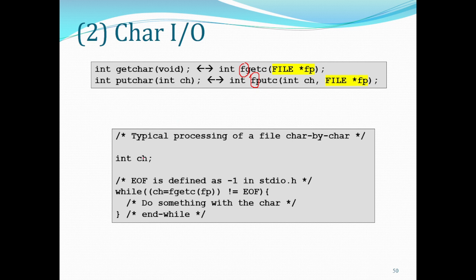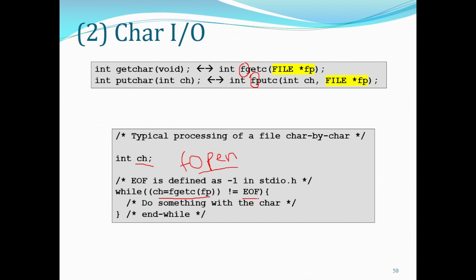Here we are reading a file character by character. We are getting one character from the file. First of all, we need to open the file, right? Open a file here with fopen. When we open it correctly, we get character by character.